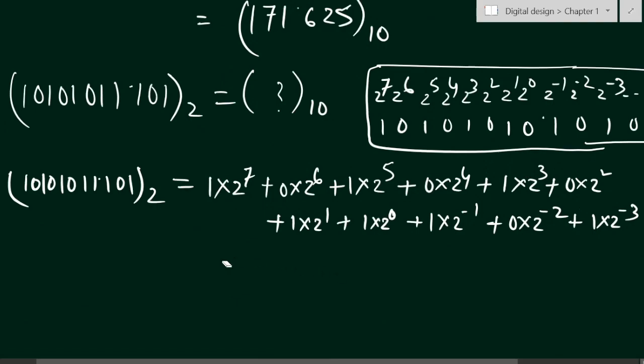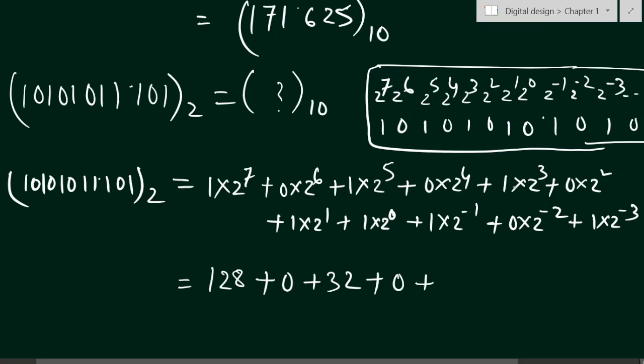Now what will be the answer? 1 into 2 to the power 7, 2 to the power 7 is 128, into 1 it will be 128, plus 0 multiplied by anything is 0, plus 1 into 2 to the power 5, which is 32, plus 0 again.